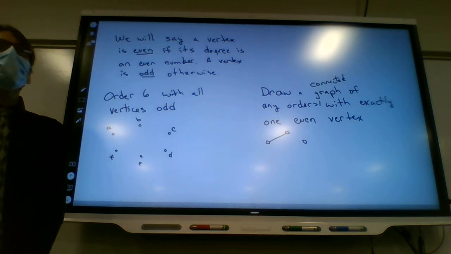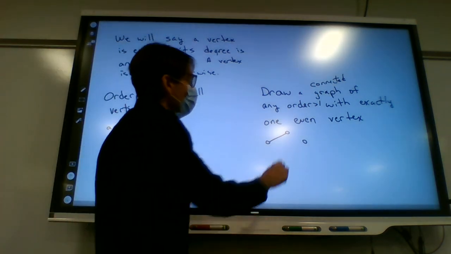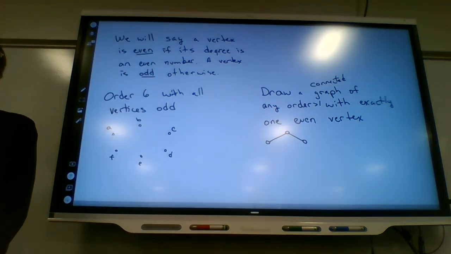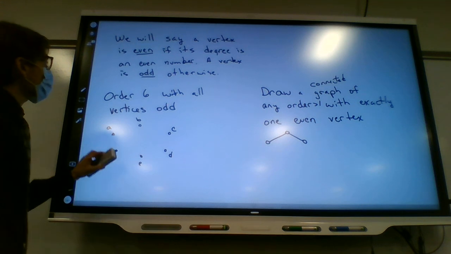Just connect the other vertices. It doesn't matter which one. Connect that, and what do we have? 2 with degree 1, 1 with degree 2, and we're okay still.